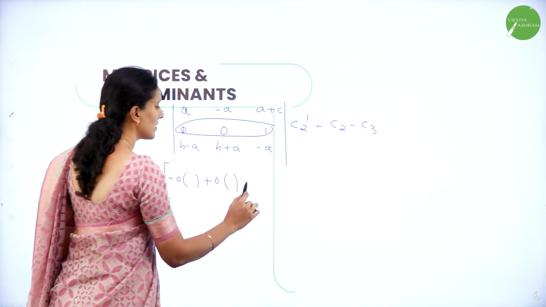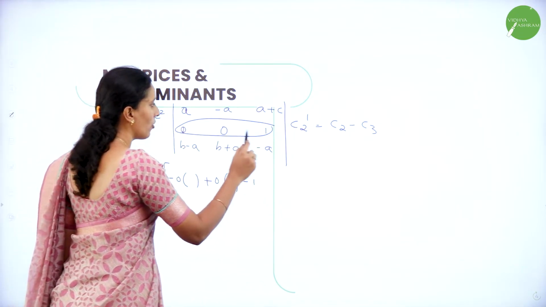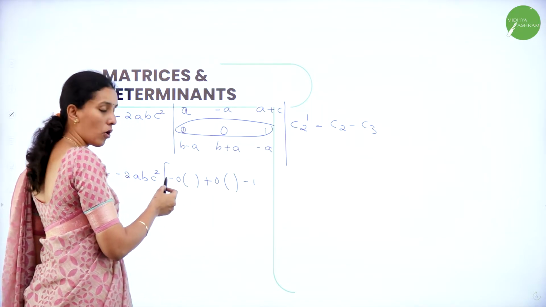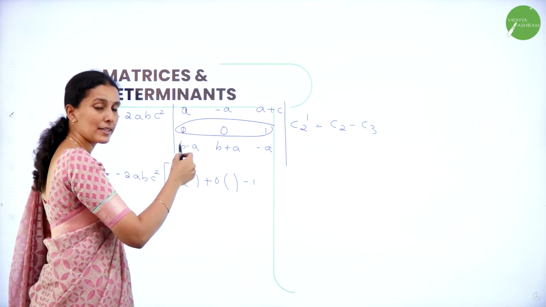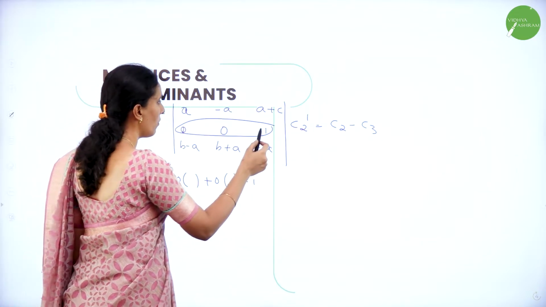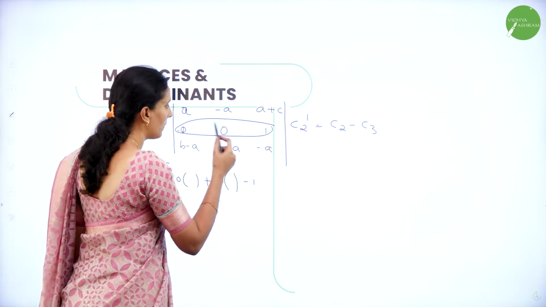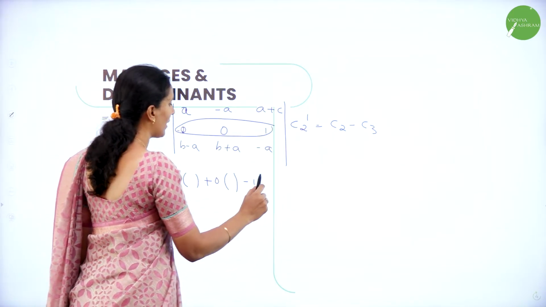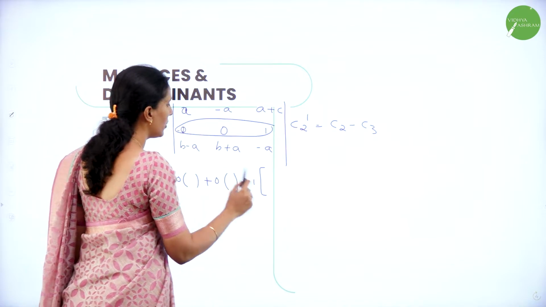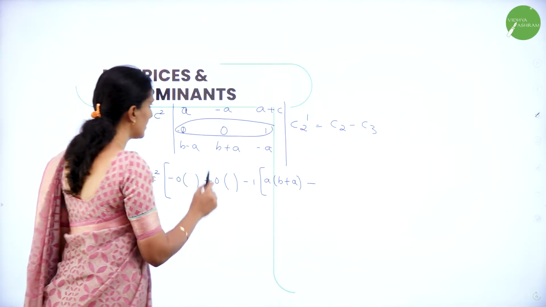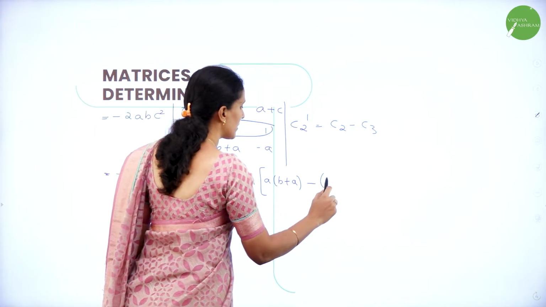Next, the last one is minus 1, because the sign pattern of the second row is minus plus minus. So the expansion will be in the form of minus plus into minus. Now deleting the row containing 1 and the column containing 1, we have the factors as a into b plus a, minus b minus a into minus a.